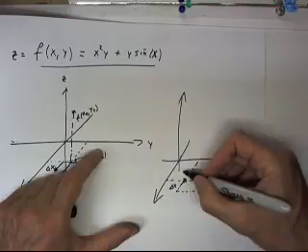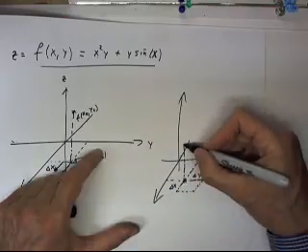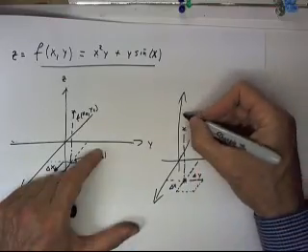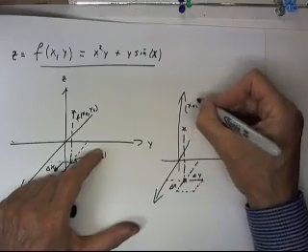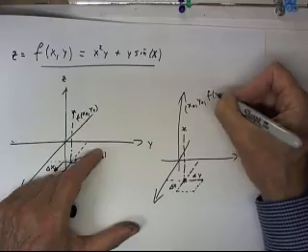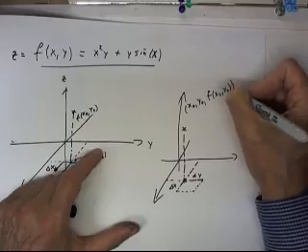Now let's just consider the delta y part here. So here's our graph point, and let's label it: x naught, y naught, f of x naught, y naught.